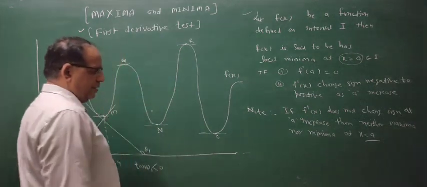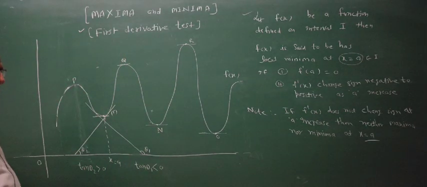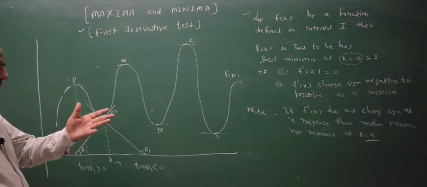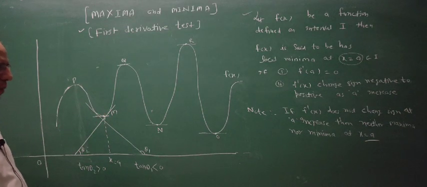If sign is not changing in the neighborhood of a when x is increased, then we can say x equal to a is neither the point of maxima nor the point of minima.